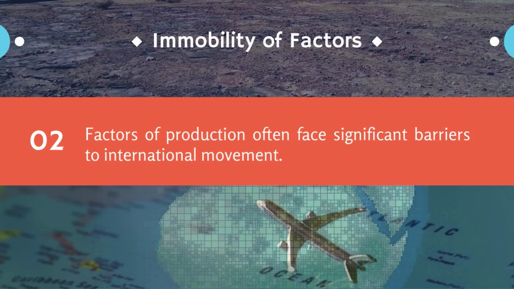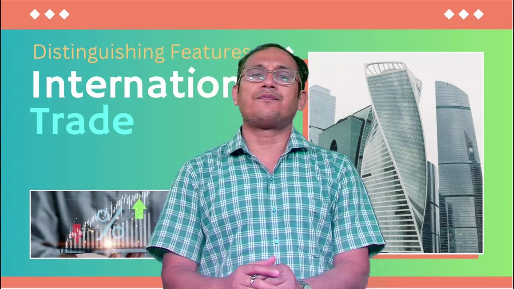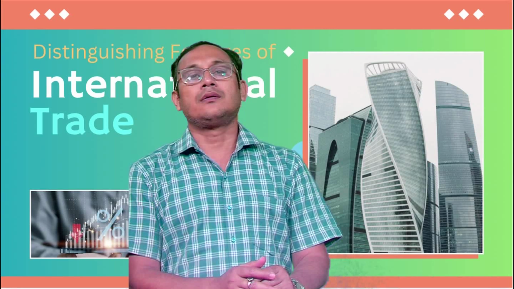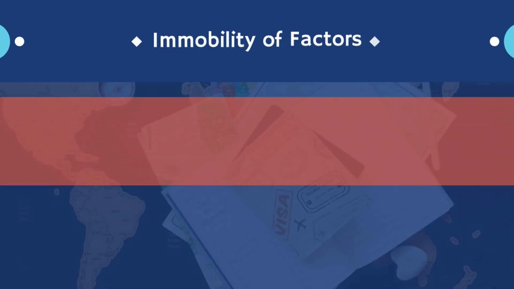So it generally happens that in contrast to goods and services that can be traded relatively easily between countries, factors of production often face significant barriers to international movement. So that is why this concept of immobility of factors is crucial to understanding the dynamics of global trade and economic theory. Now, when we are talking about factors of production, the most important factor of production is labor.